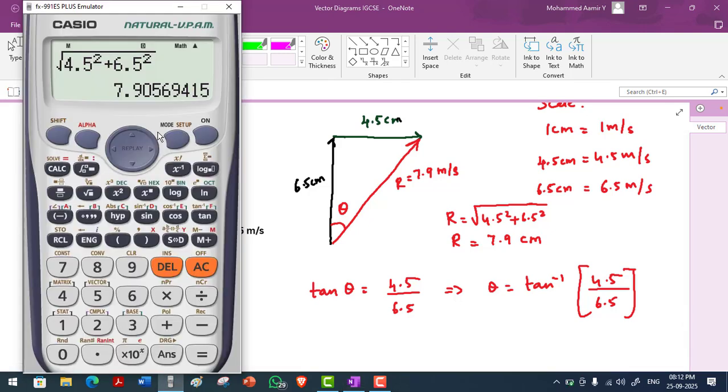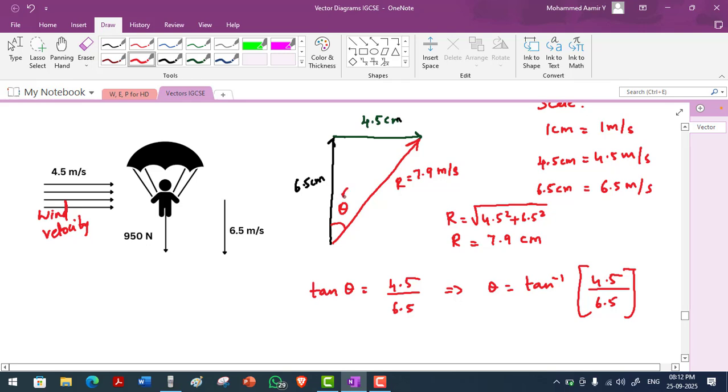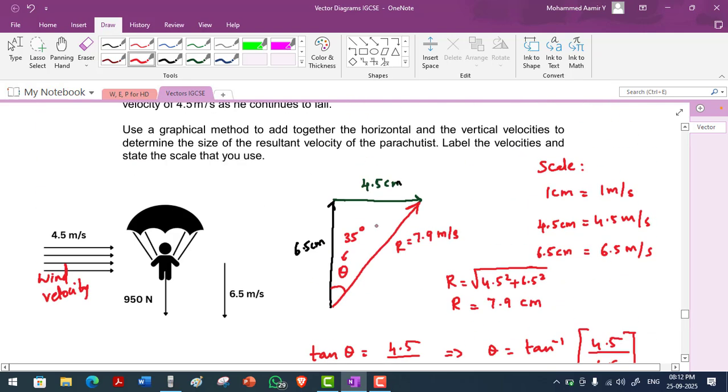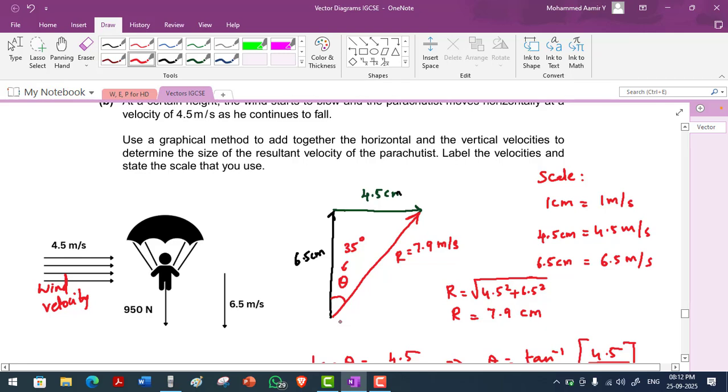Using the calculator, that is 34.69, which is 35 degrees. This value will be 35 degrees to the vertical. Or you can use a protractor to find the angle.